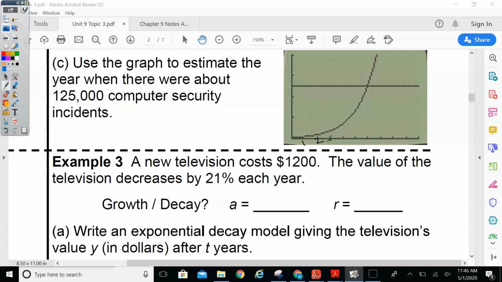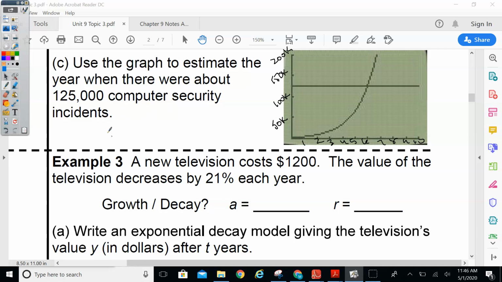I mean, you can kind of use this to estimate it right there, but these right here go by 50,000. So 50,000, this one would be 100,000. This is 150,000, and then 200,000. So you can use that for your window.